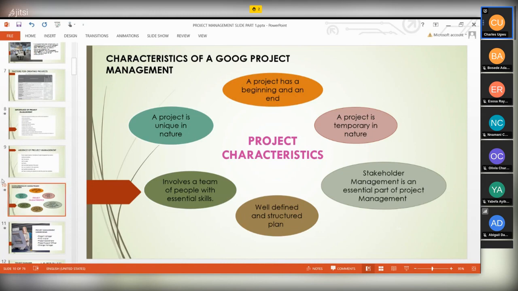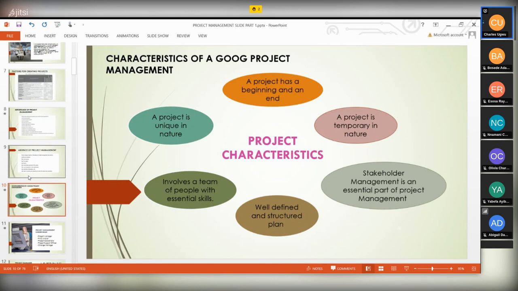A project should be well defined and structured. You must have a project plan. You can't just start managing a project without a plan. A project must have a structured plan, which is approved. It must be approved by the line management, the relevant authorities. They must approve your plan before you commence. A project must involve a team of people with essential skills.